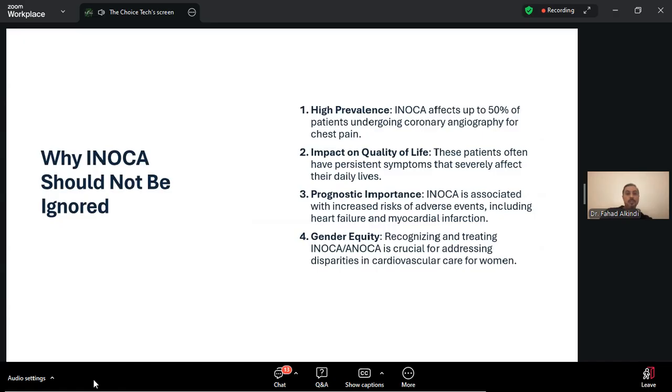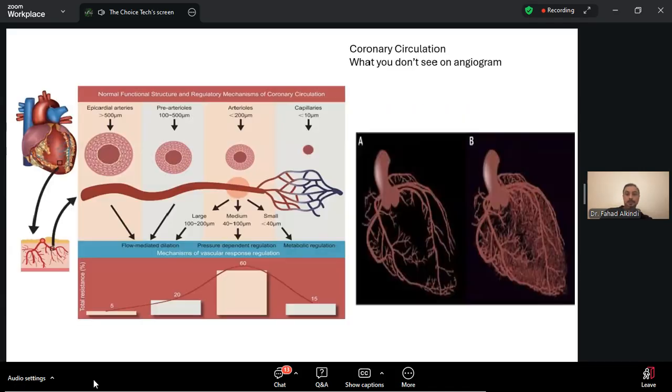So why should we not ignore INOCA? Because the prevalence is high: up to 50% of patients who have a normal coronary angiogram still have chest pain, and that has a very bad impact on the quality of life and the prognosis of the patient. If you look at the coronary circulation, what we see is the tip of the iceberg.